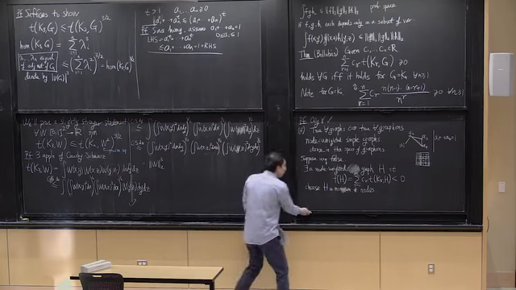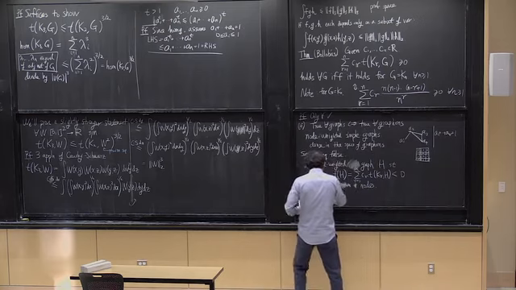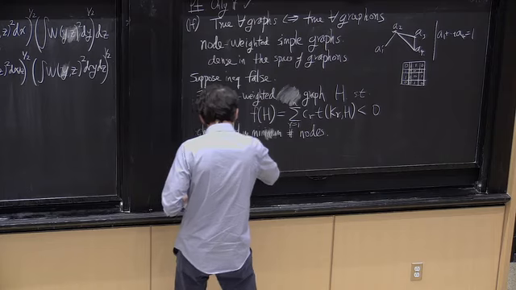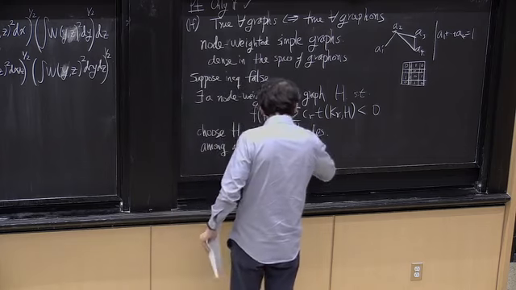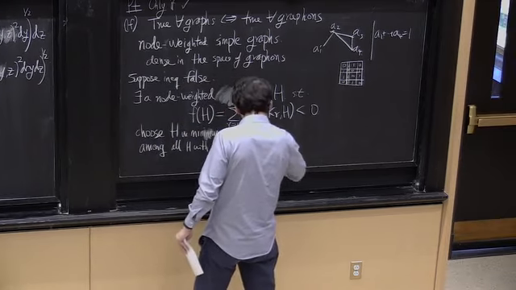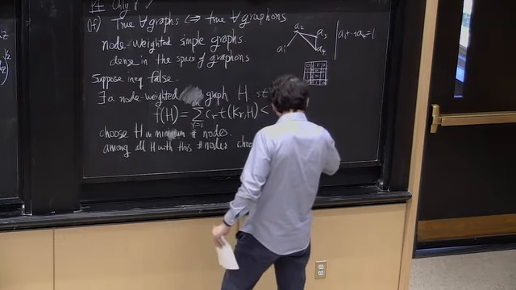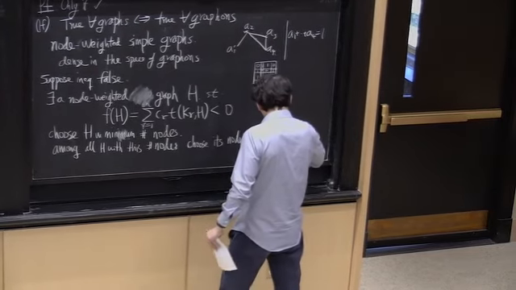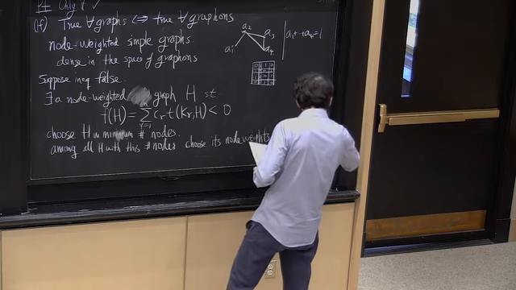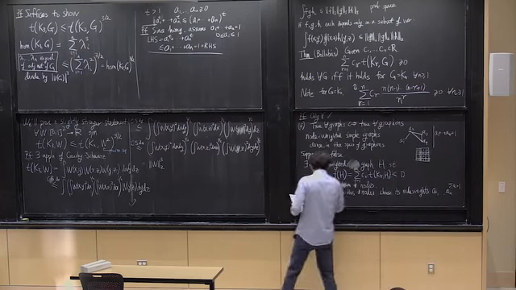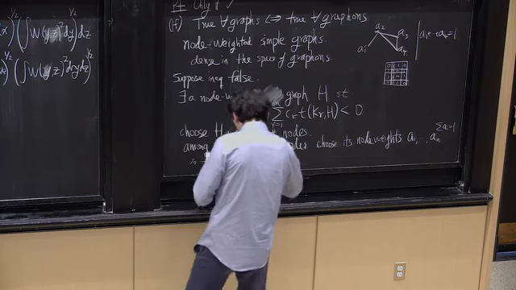And furthermore, among H with this number of nodes, choose the node weights, which we denote by a_1 through a_n, summing to 1, so that this expression, the sum, is minimized.